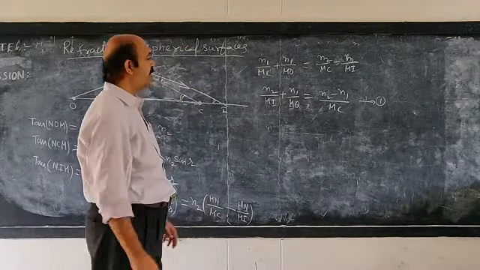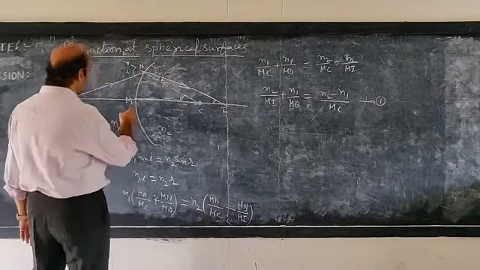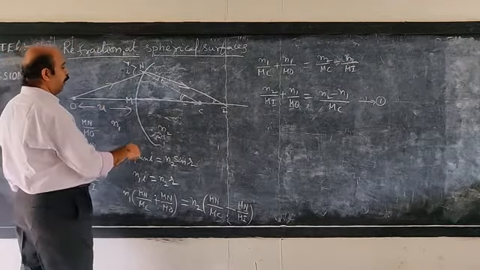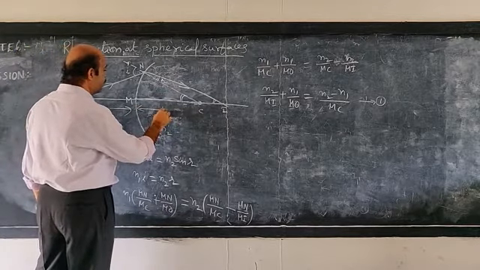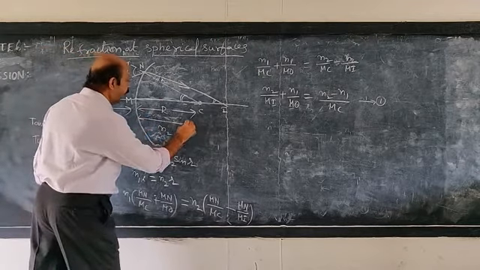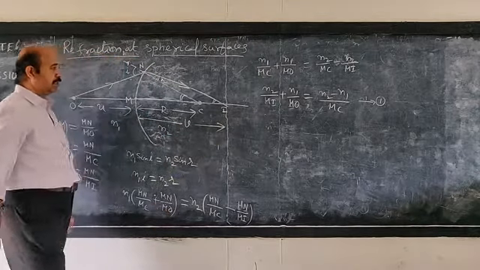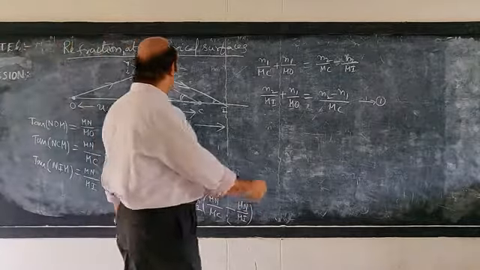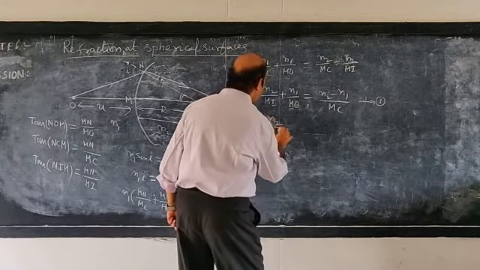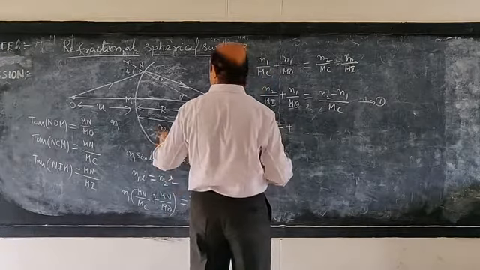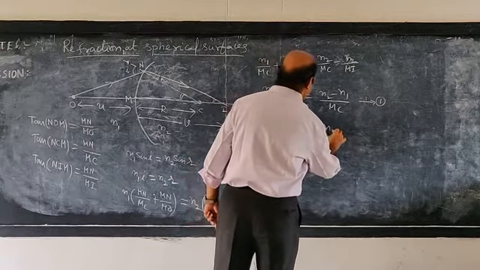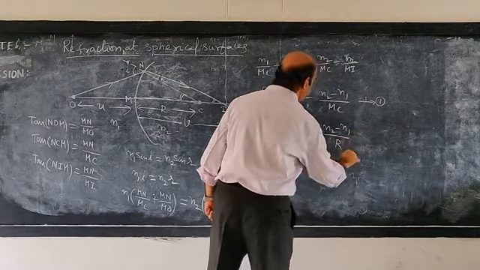What is MI? What is MC? We know that MO is the object distance u, MC is the radius of curvature of the curved surface, and MI is the image distance v. So let us use those symbols here: N2 by v plus N1 by u is equal to N2 minus N1 by R.